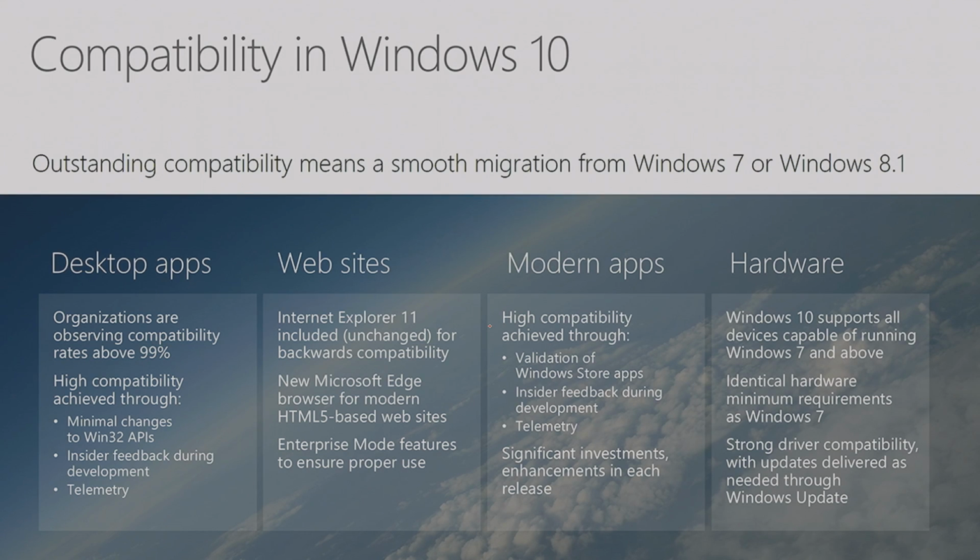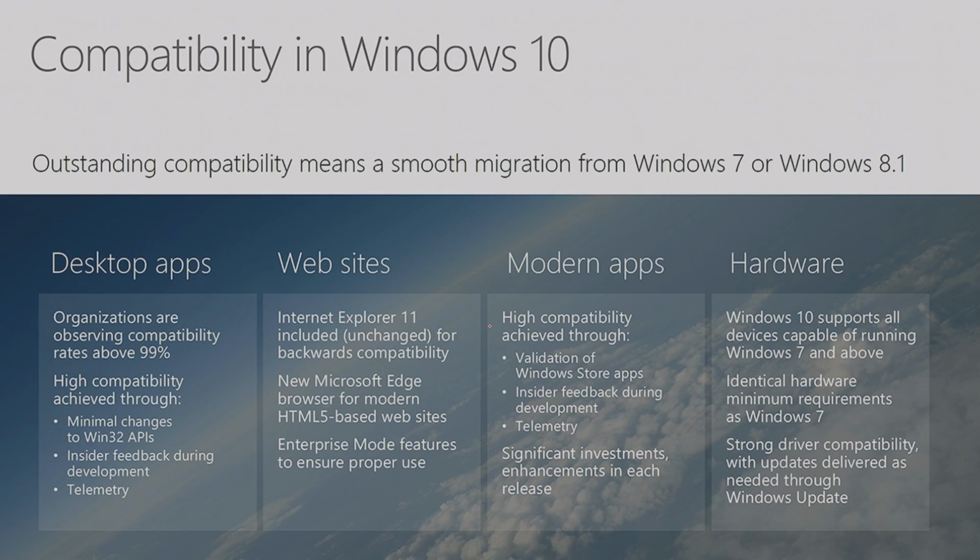The typical response back from those customers is, we're seeing 99% compatibility rates on our applications, sometimes even higher. Yes, we see a few issues here and there. The typical things that you would expect, things that are hooked into low-level operating system components like antivirus software, tends to be the biggest violator of the standard developer rules, and they use undocumented APIs and hook into the OS in non-natural ways. So those have a tendency to need updating, so you'll probably find a few like that, but most applications will just work.